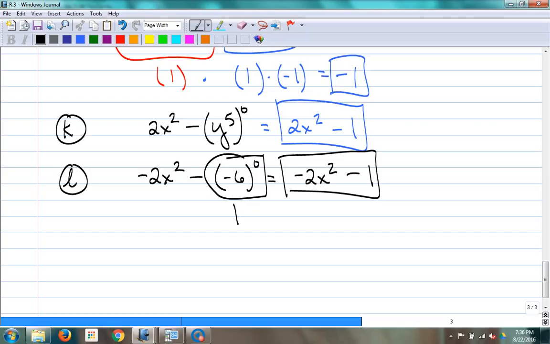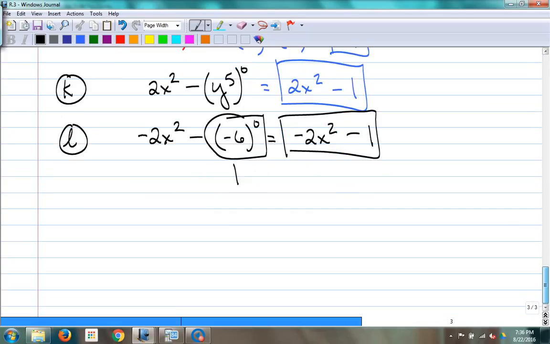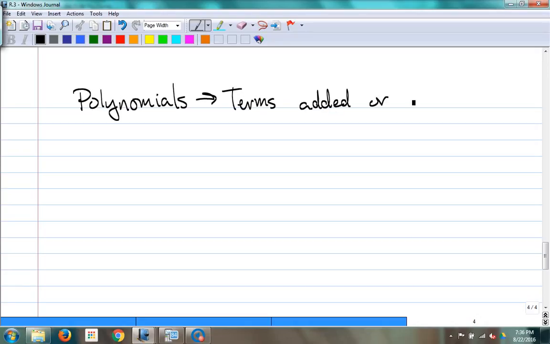Okay. All right. Let's look at polynomials. A few quick definitions here just to get us back thinking about polynomials from maybe a high school algebra class from way back, or maybe not as far back. I don't know. Polynomials just means terms added or subtracted.